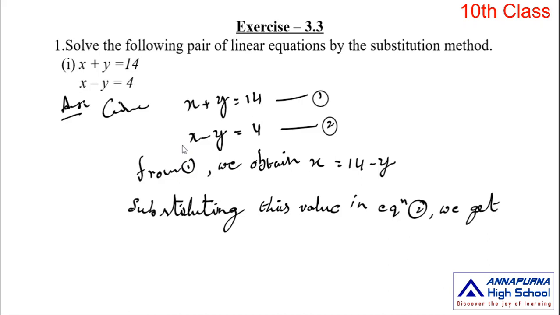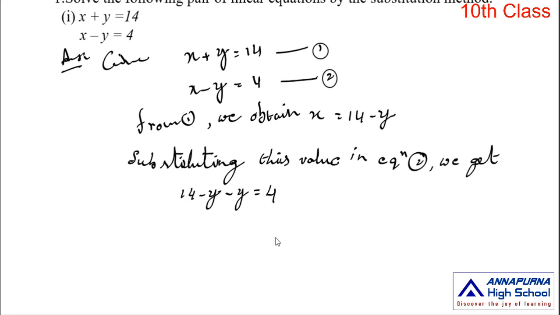Here the second equation is x minus y is equal to 4. So instead of x, if you take that value, it changes to 14 minus y is equal to 4. Now simplify. When you complete this second step, the second equation completely changes to a linear equation in one variable. Okay, now solve it.